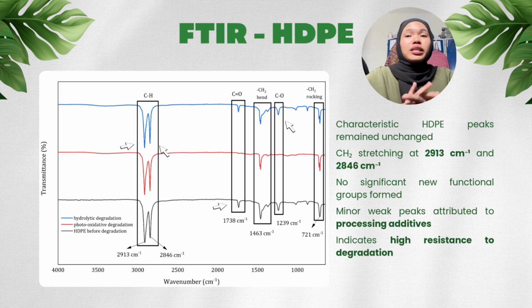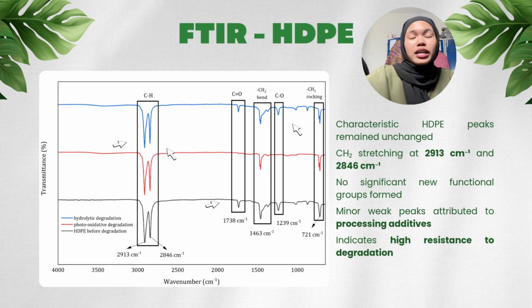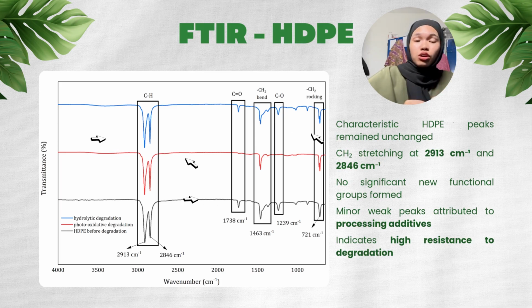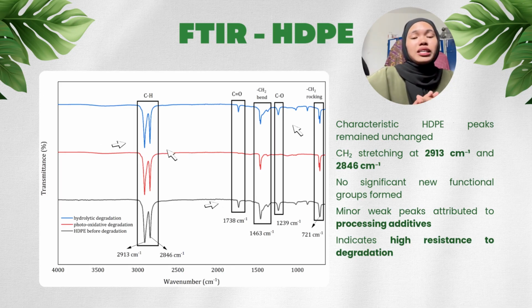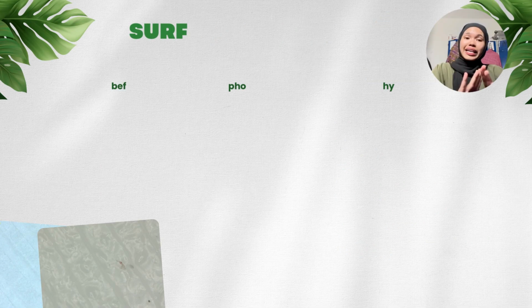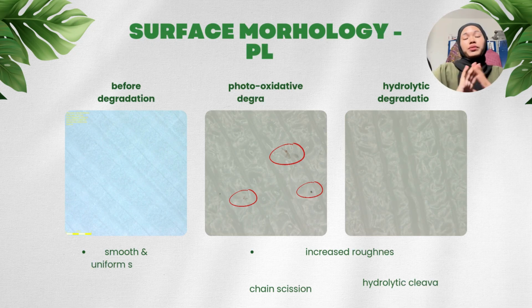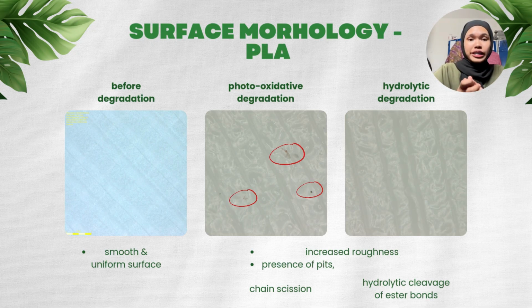Since HDPE does not contain chromophoric groups that absorb sunlight effectively, photooxidative degradation is very limited. As a result, the FTIR analysis confirmed that HDPE is highly resistant to both hydrolytic and photooxidative degradations under the experimental conditions used. Next, the surface morphology results to support the FTIR findings.